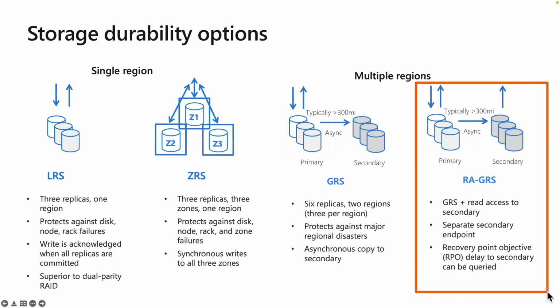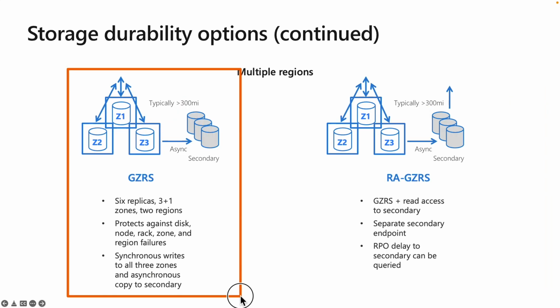And the fourth type is RA-GRS, which is known as Read Access Geo-Redundant Storage. This is based on GRS, but RA-GRS replicates data to another data center in a secondary region, and it also provides the option to read from the secondary region. The next one is GZRS, which is known as Geo-Zone-Redundant Storage.